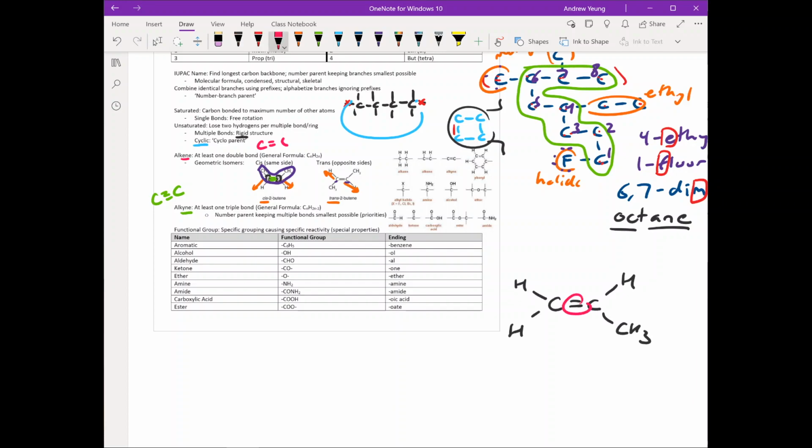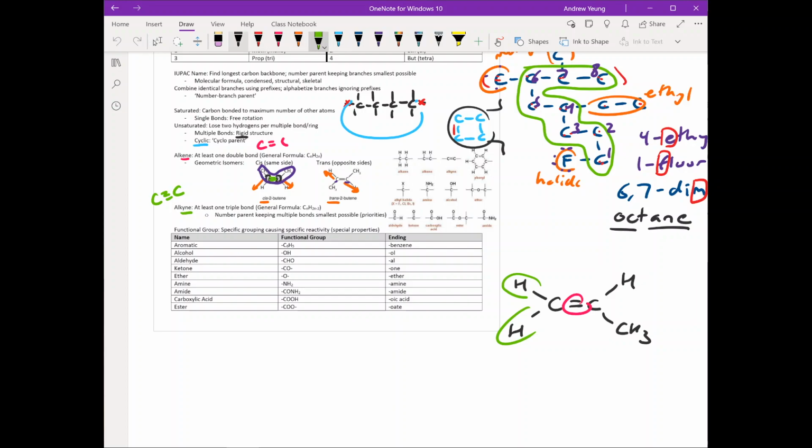That part doesn't twist unless you chemically break that bond. But this time, because I can't tell the difference between this H or this H, I wouldn't be able to tell you whether the H's are on the same side or opposite. If you really wanted this methyl extension to be on top, I would just flip this molecule upside down, and suddenly the molecule would have the CH3 above. I would have no cis or trans.